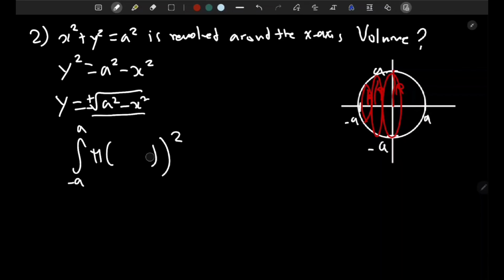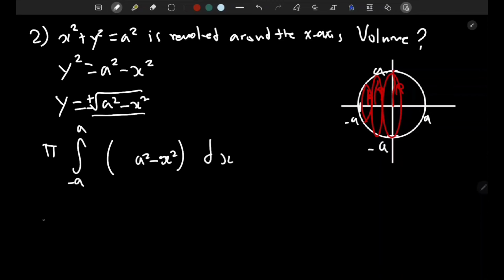So I'm going to replace r squared with our equation over here, which is radical a squared minus x squared, dx. Now the radical is going to cancel out with the square, and all we are left with here is a squared minus x squared, and I'm going to take the pi outside also.